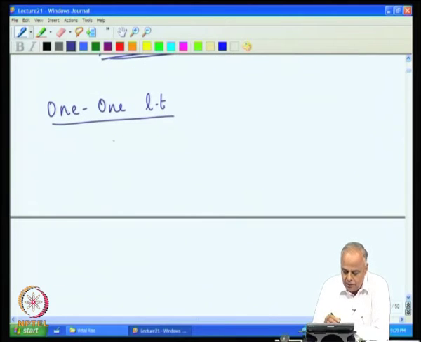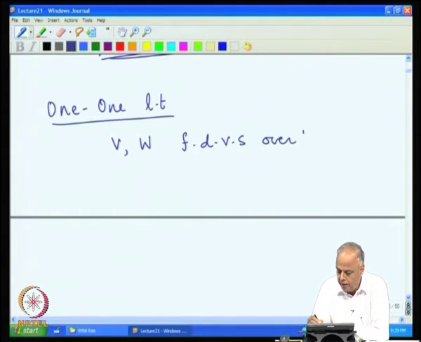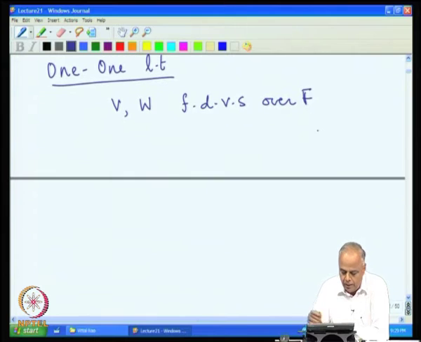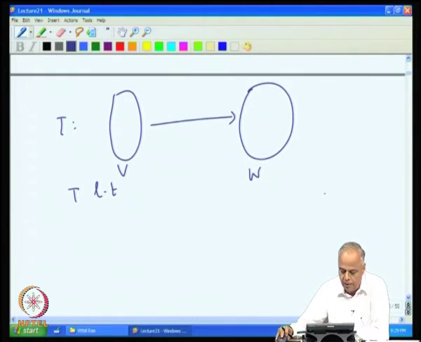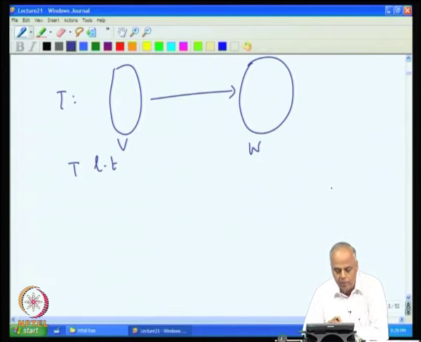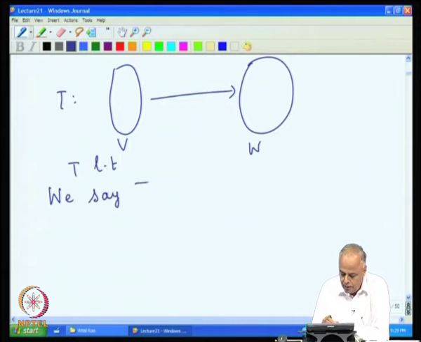Once again, let us consider V and W to be finite dimensional vector spaces over a field F, and let us take a linear transformation T from V to W. So, T is a linear transformation from a finite dimensional vector space V to W, and we say T is 1-1 if distinct vectors get mapped to distinct vectors.